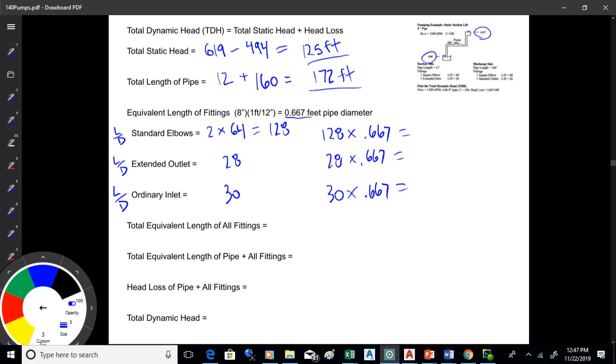That's the diameter of the pipe in feet. So what we would want to do then would be to multiply these L over D values times 0.667. And that will get us the equivalent length of each of those fittings. Okay, so take that L over D value, which we found, and multiply it by 0.667.